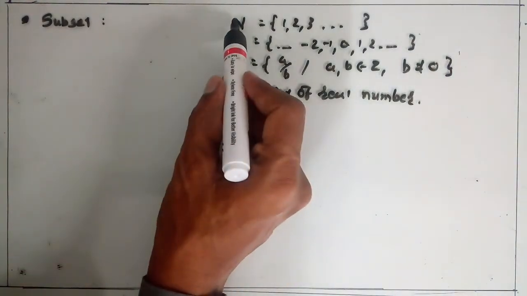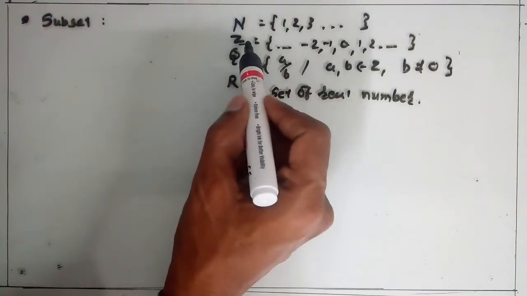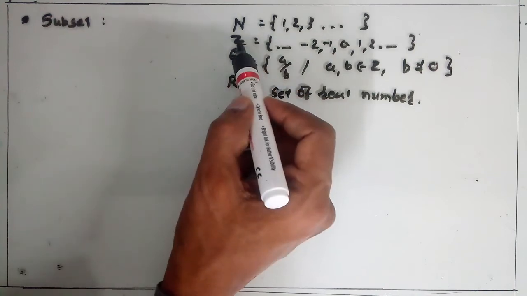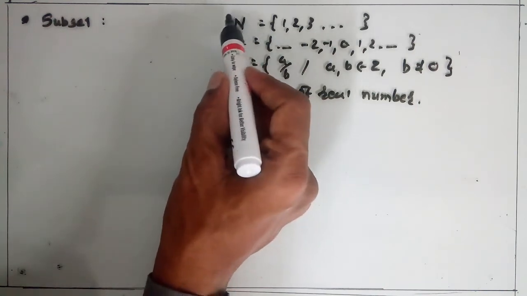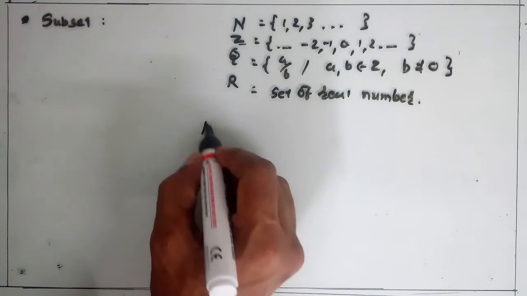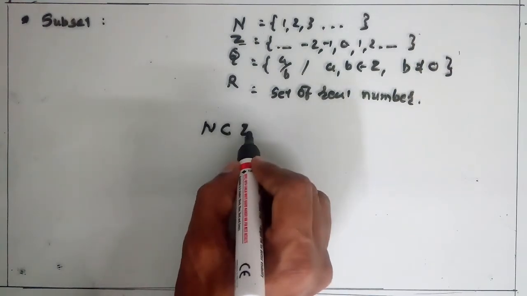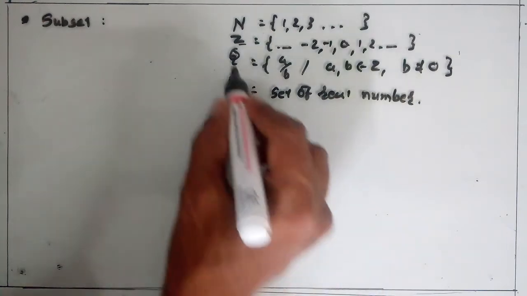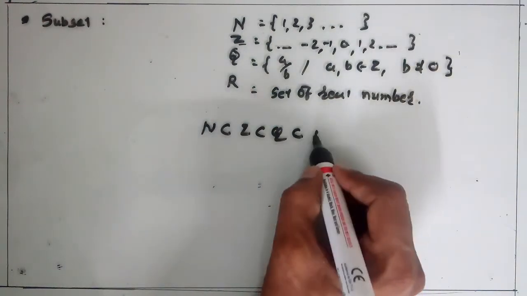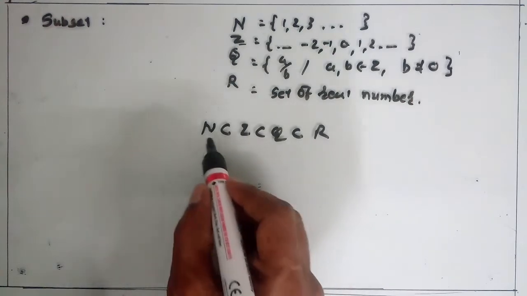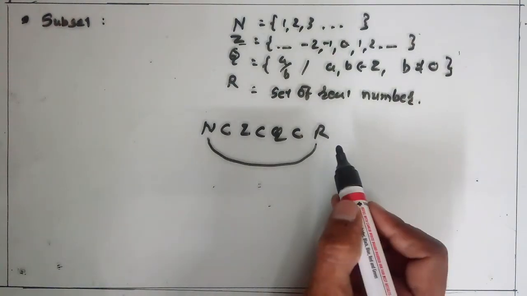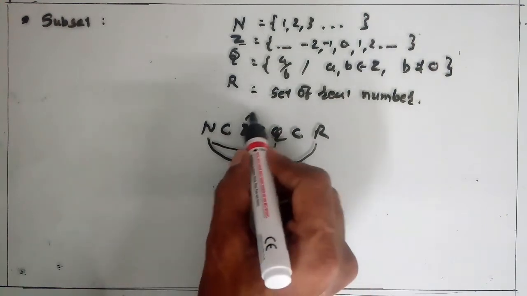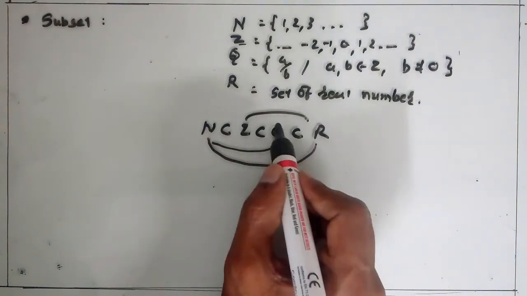Here every member of N is also an element of Z. So in this case N is a subset of Z. Similarly Z is a subset of Q. Similarly Q is a subset of R. Here N is also a subset of R, N is also a subset of Q, Z is also a subset of R. Clear?